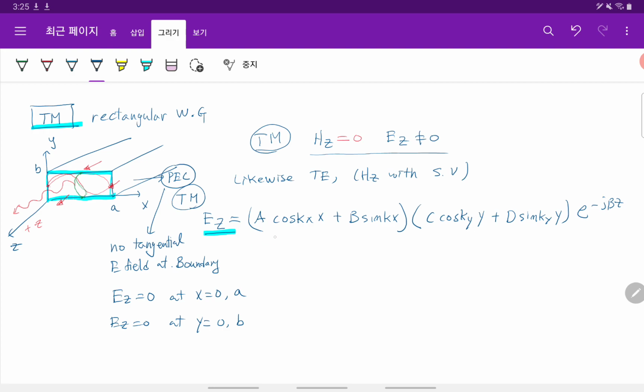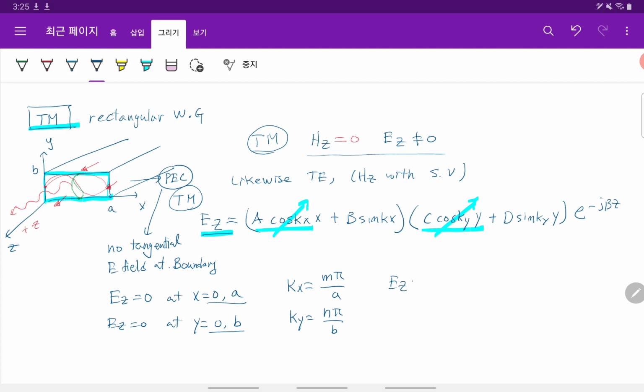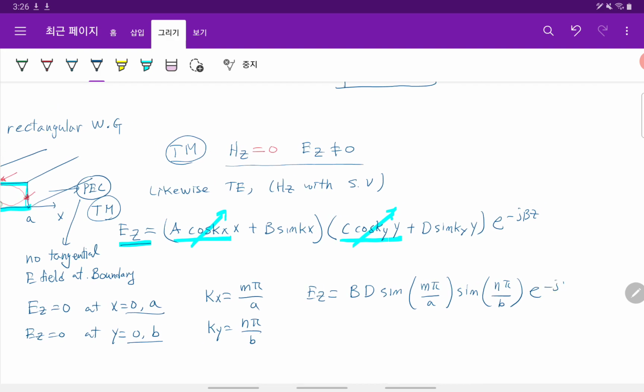So this term should be gone. And then from this condition, kx can be mπ/a, ky can be nπ/b. This is the same as the TE case, kx and ky. So Ez becomes B times sine(mπx/a) sine(nπy/b) e^(-jβz).